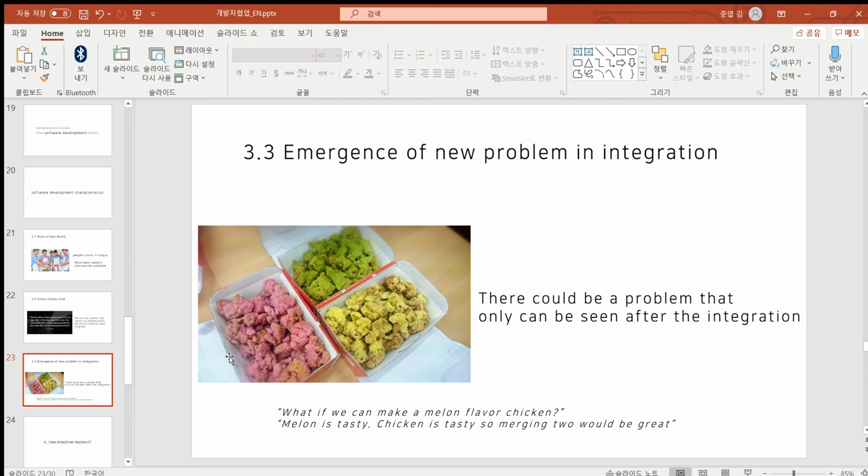That means you cannot just estimate what could happen when this module is implemented in the system. So this photo means, let's say melon flavor is nice and chicken tastes good. So why don't we just make melon flavor chicken? That would be great, they think, but it is not. The taste is really awful.